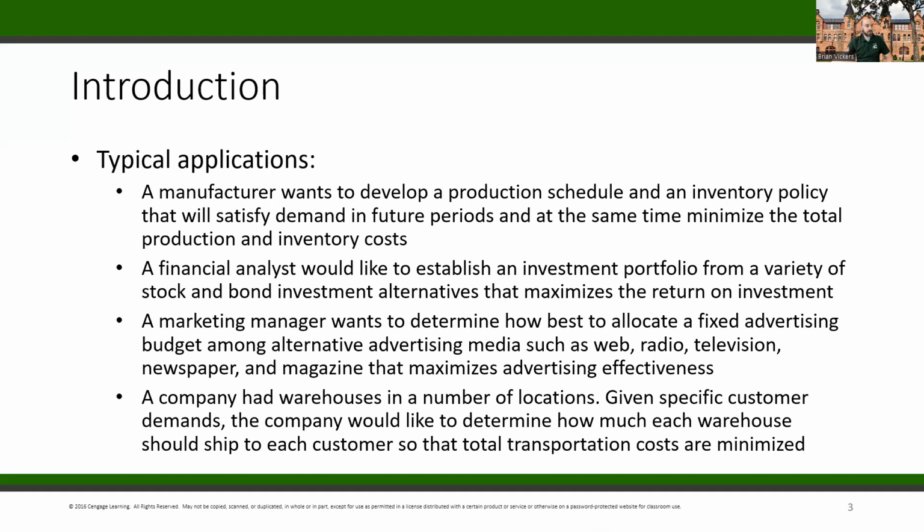So here's some typical types of problems you would solve this way. You need to make a production schedule and an inventory policy that's going to make sure that you have met all of your possible demand for however many periods in advance. But also you want to minimize the total production and your inventory cost.